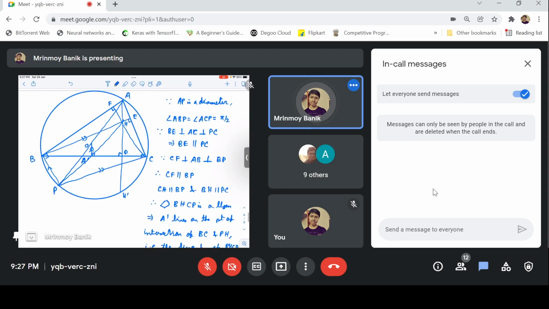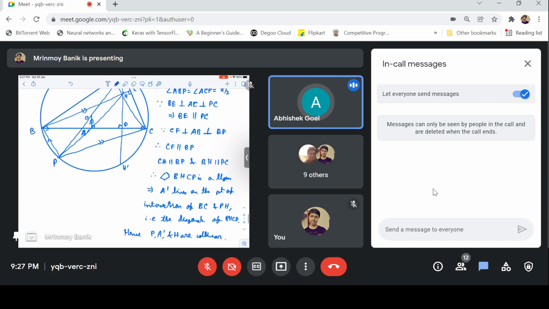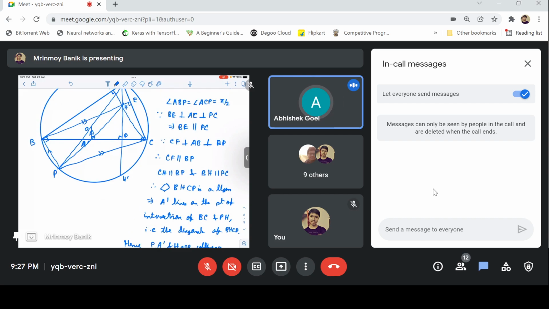So we proved P, A bar, and H are collinear. We can also say that PA bar is equal to A bar H, right? Yeah, they are bisected, same as we already know by construction, B A bar is A bar C.